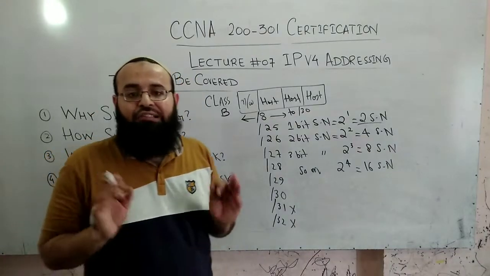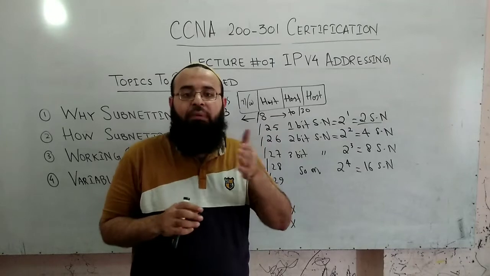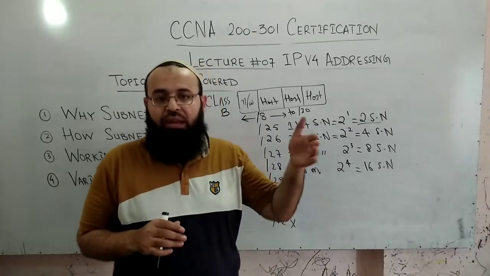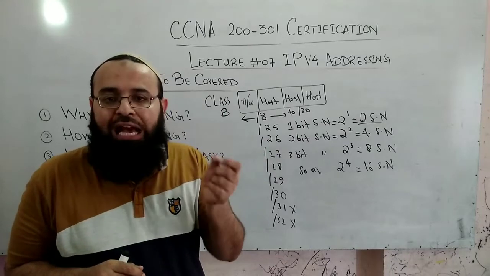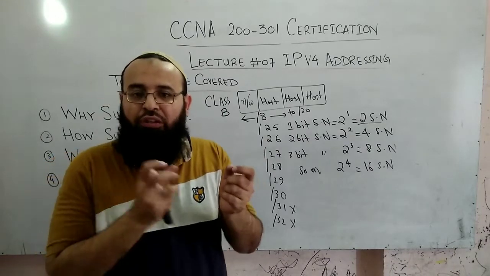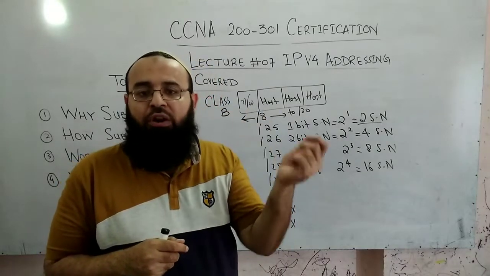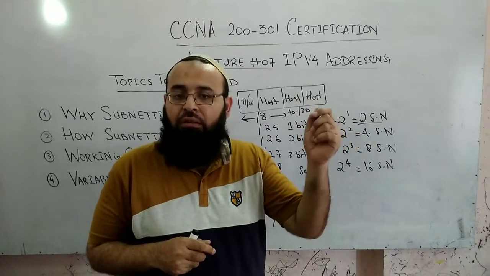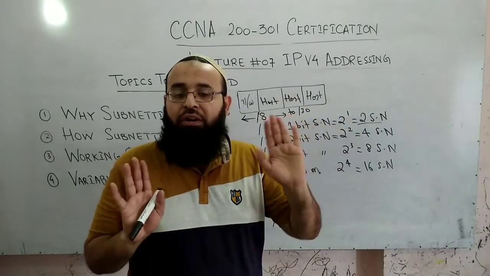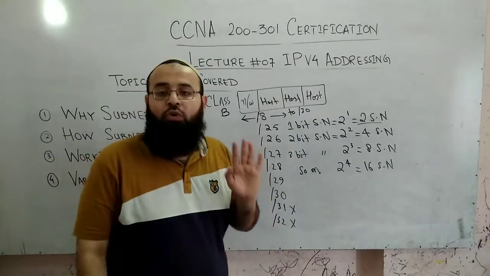In case of a class C IP address, the CIDR values, or variable length subnet masks, because it is the variable lengthening of a subnet mask, the default subnet mask for a class C IP address is /24. So if you take bits from the host portion, you will move from /24 to /25, /26, /27, /28, /29, and /30 is the last. /31 and /32 are not in use.